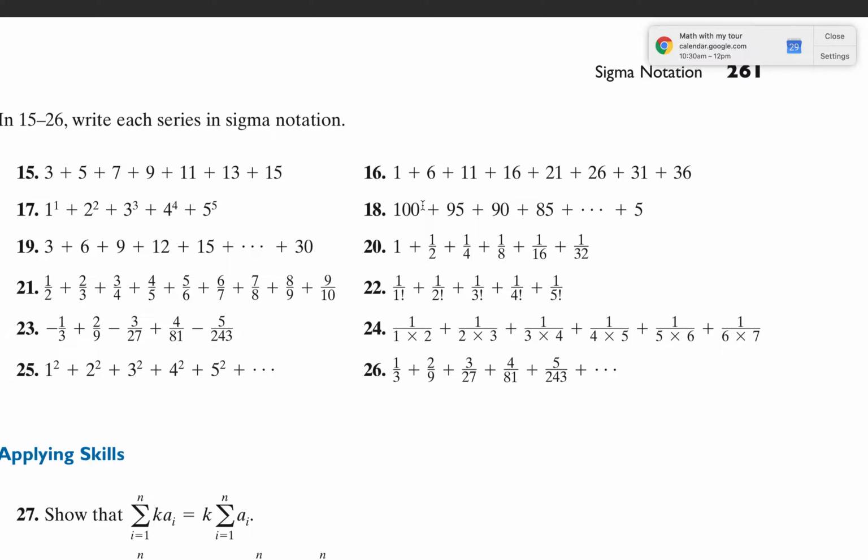Not plus 5 times n, 5 times n, and then plus 1.